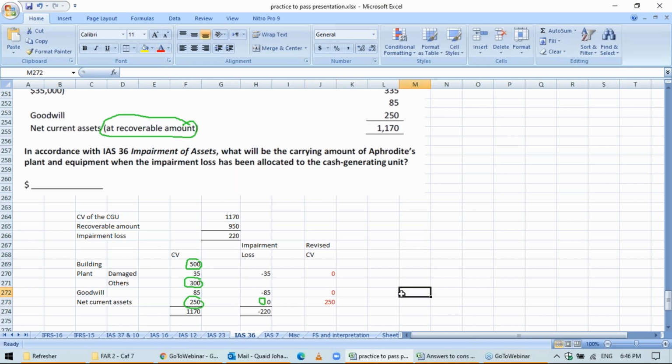So first I allocated loss to the asset whose recoverable amount was known and I knew it was damaged. So I write it off first. Then I go to the goodwill, fully write off. Now I check any asset having fair values or known recoverable amounts that have not been impaired. So that is also done. Allocated 0 to it. Now what two items are left?